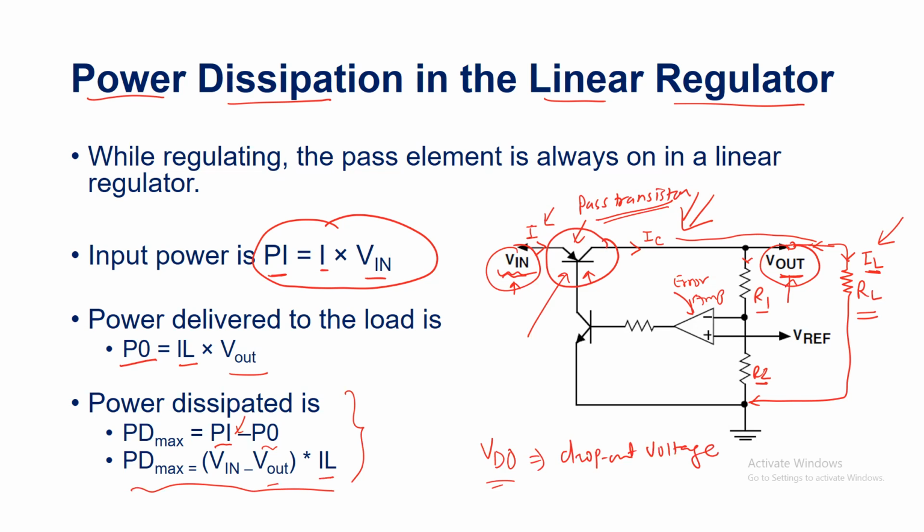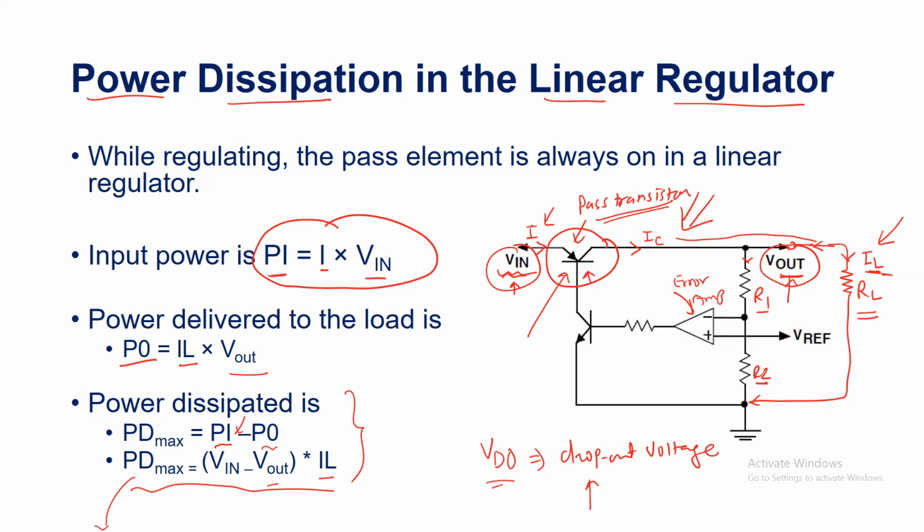And multiply it with the output current, which is the load current. So while designing a linear regulator or any kind of regulator, the main requirement is that the dropout voltage, which is the difference between input voltage and output voltage, should be as low as possible. If it is so, your power dissipation is going to be minimized. And that is the requirement of any good regulator with minimum power dissipation.